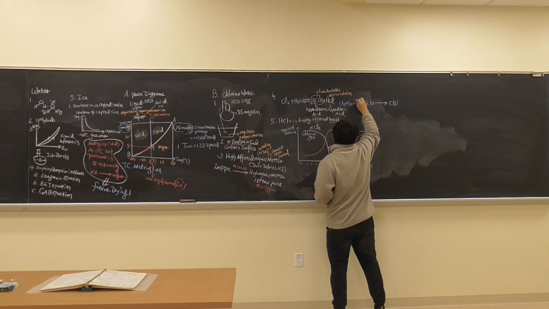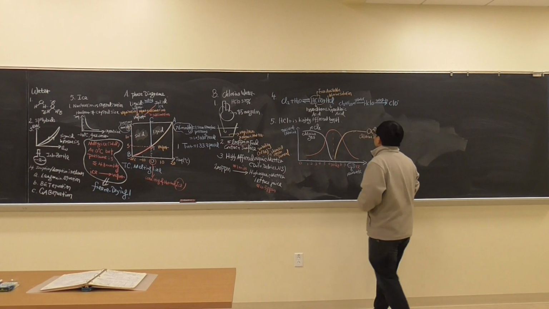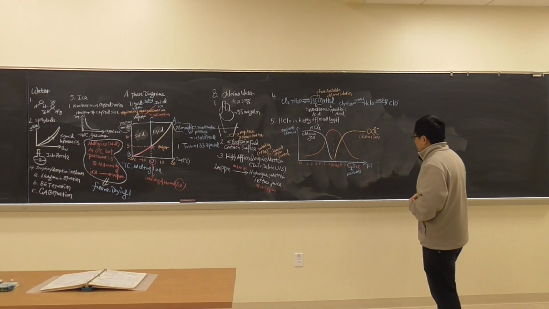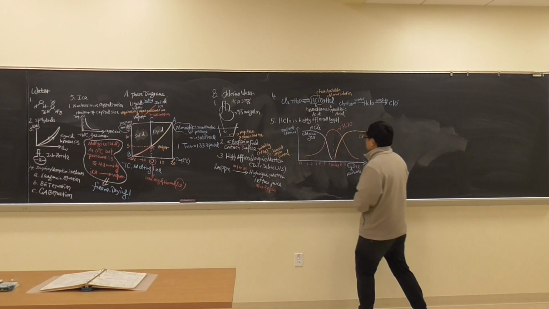This is usually pH around 4 to 5, and this is usually pH more than 9 to 10. So the middle one is HClO.